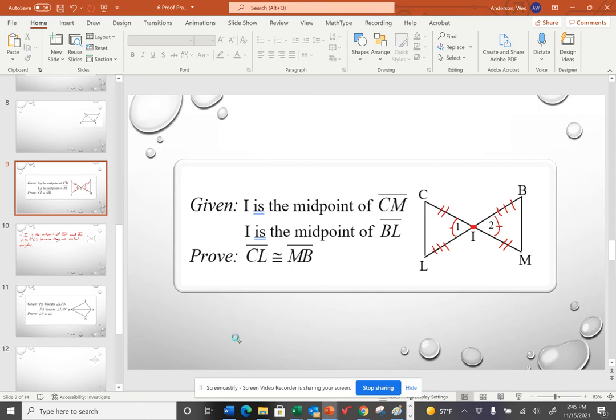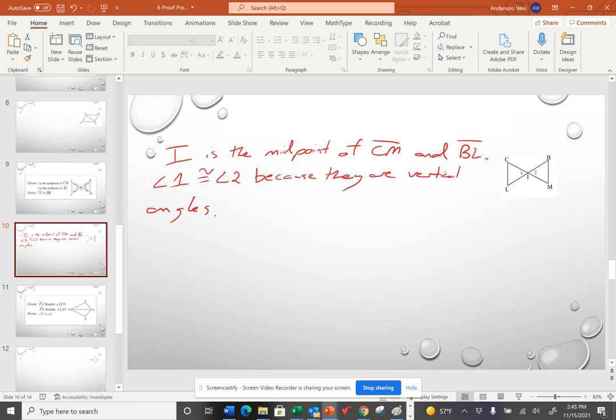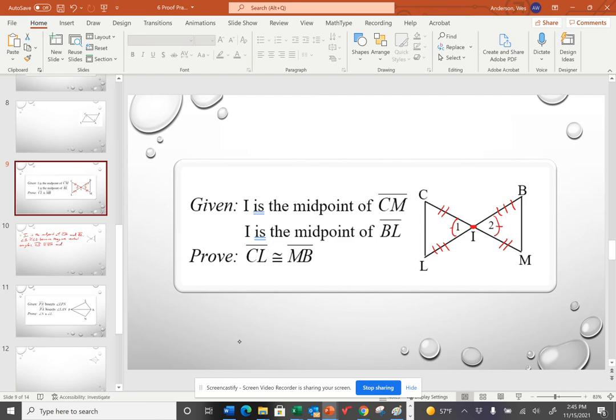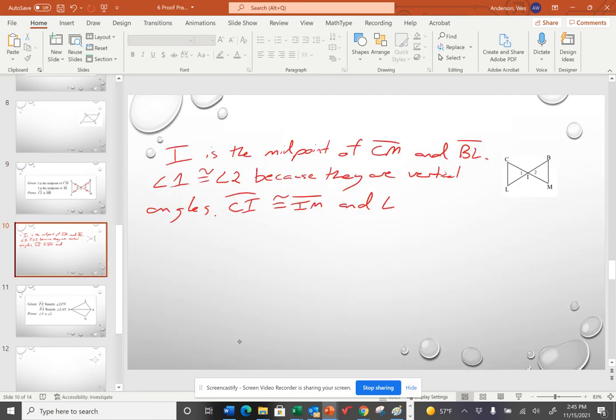So I'm now going to say that CI is congruent to IM. And let's go back here. Not only that, but LI, this segment, is congruent to IB. And why is that?